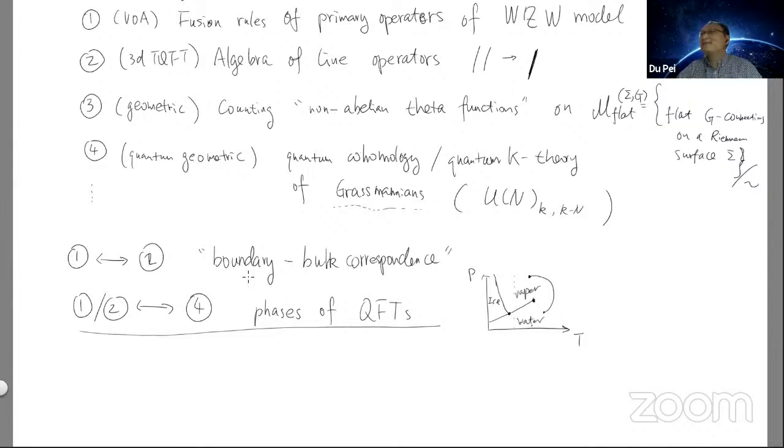And by connecting them, they managed to connect the interpretation in terms of fusion rule or algebra of line operators with some interpretation in terms of quantum geometry, either using quantum cohomology or quantum K theory.